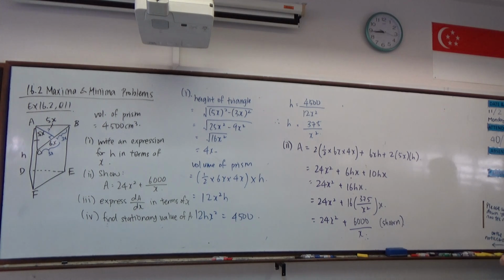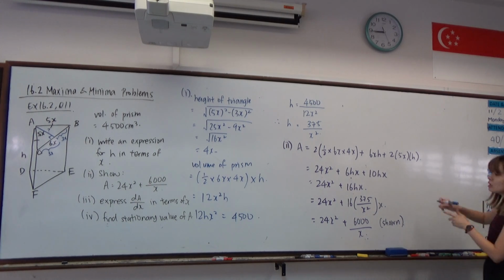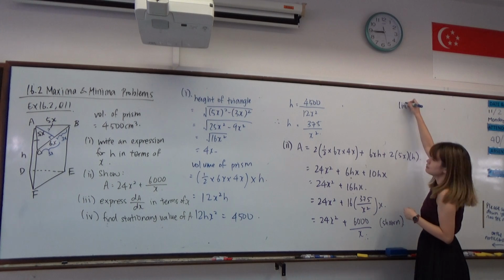Okay, then after in part 3 we want to find the first derivative of the area. Then after that, part 4 we want to find the stationary value of A. Alright, so first derivative.